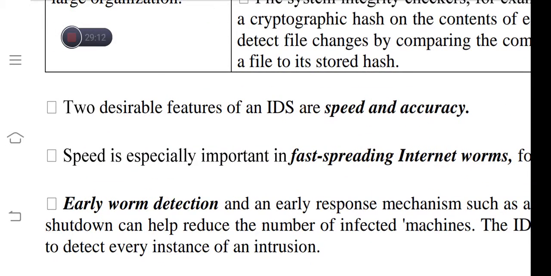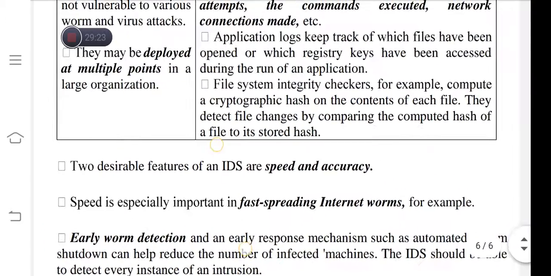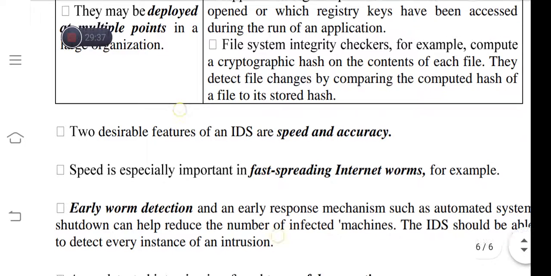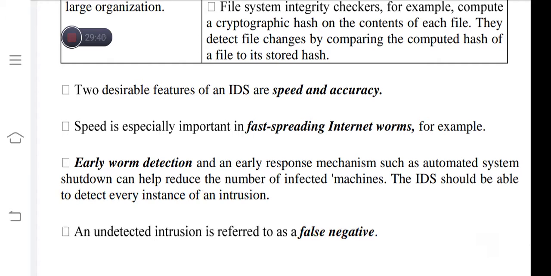The two desirable properties or features of the IDS are speed and accuracy. Speed is especially important for fast-spreading internet worms, right? If we consider this, early worm detection and an early response mechanism are very important here. For example, it can take actions like automated system shutdown. The system may shut down automatically once early worm detection is done, so it helps in reducing the number of infected machines.